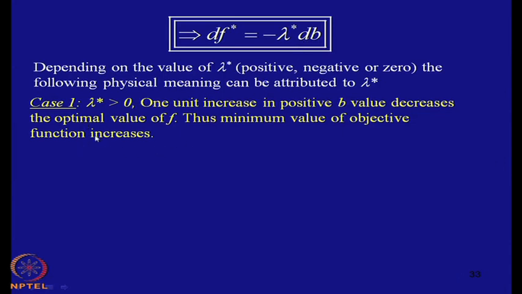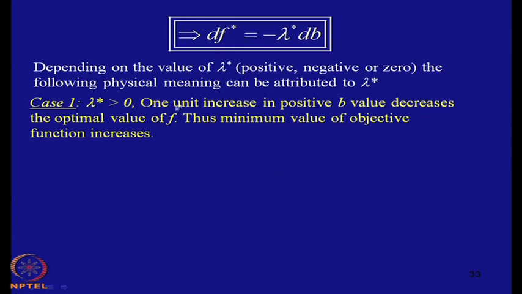Now, case 1: if lambda star is positive, and dB is positive, that is a 1 unit increase in the value of B, then we get the df value to be negative, because lambda star is positive, dB is positive, and df star is negative. Then what is happening? We are getting a better minimum, because the change in the objective functional value is negative.